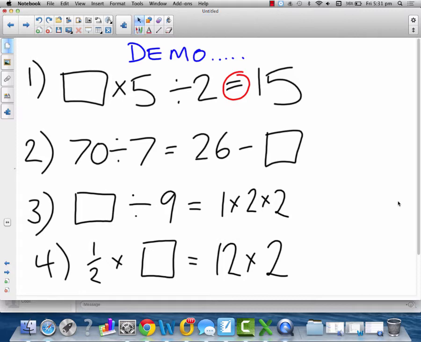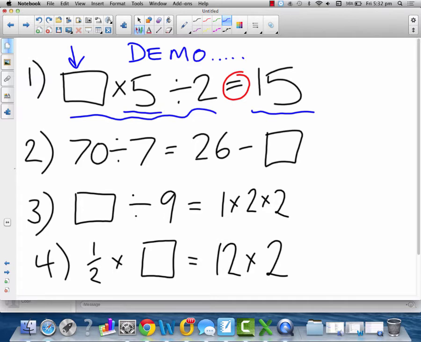So look, 15's over here, isn't it? So this whole sum has got to equal 15. The question you are asking yourself is what times 5 divided by 2 equals 15?